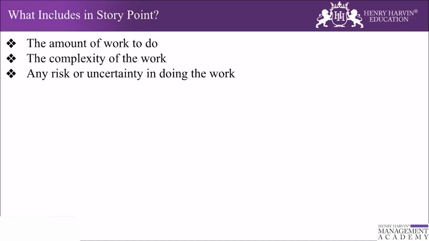When we say story point, it includes three things: the amount of work that we are going to do, the complexity of the work, and the uncertainty. If I put it in three words, I can say it includes complexity, volume, and uncertainty.